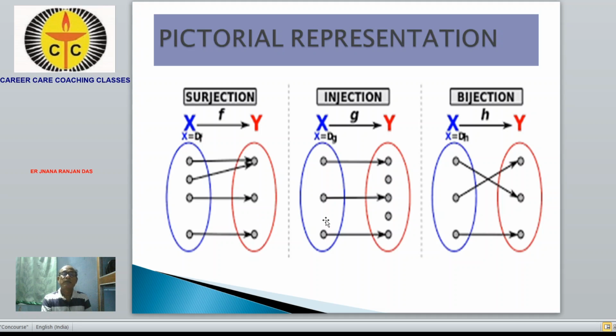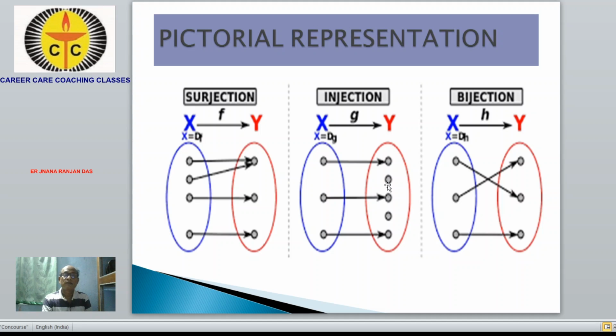Similarly, here if x1 is not equal to x2, then one element is uniquely related to a particular element, and maybe some elements are skipped.